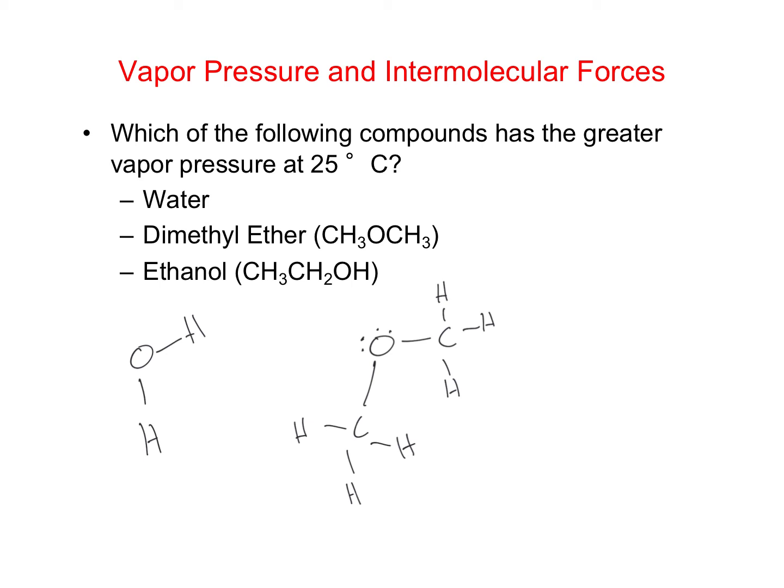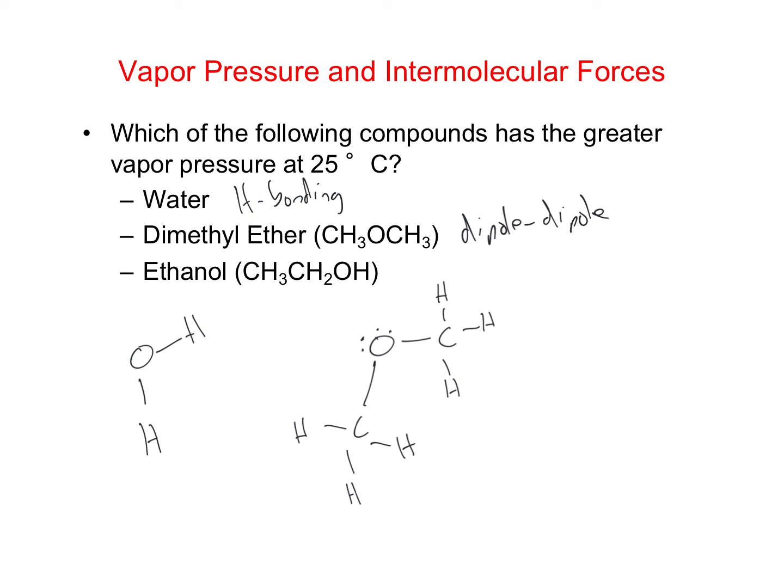But because none of the hydrogens are directly covalently bonded to the oxygen, it can't undergo hydrogen bonding. So we've got hydrogen bonding in water, and we have dipole-dipole interactions in dimethyl ether.